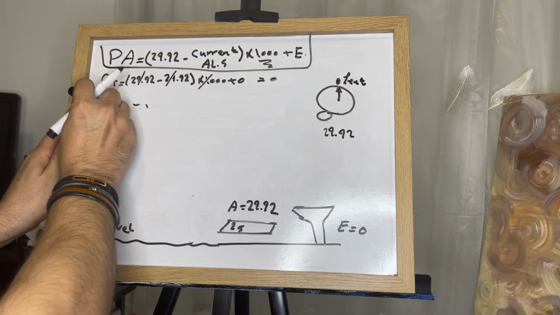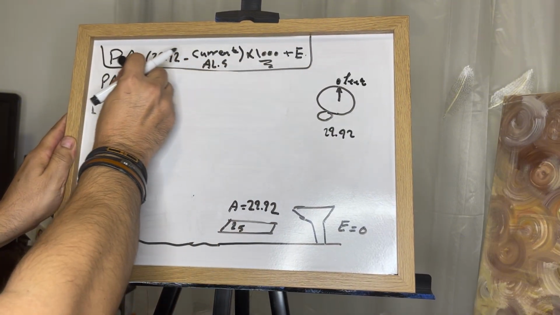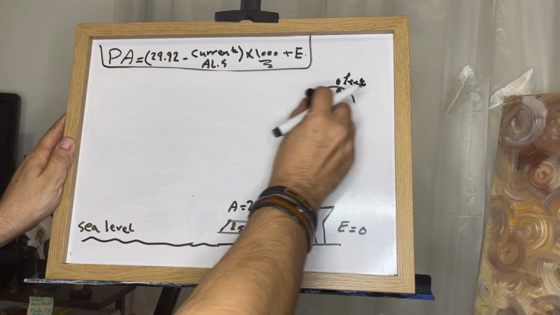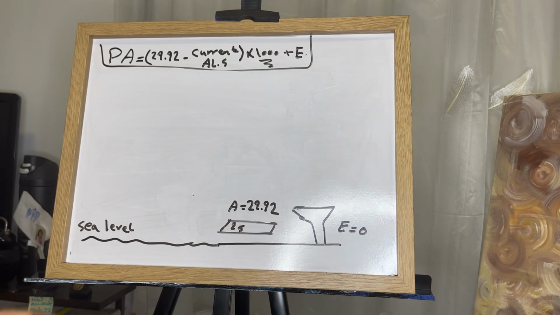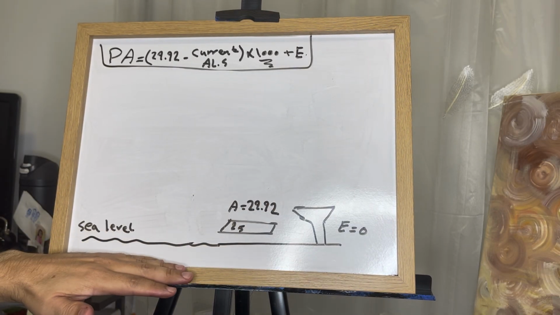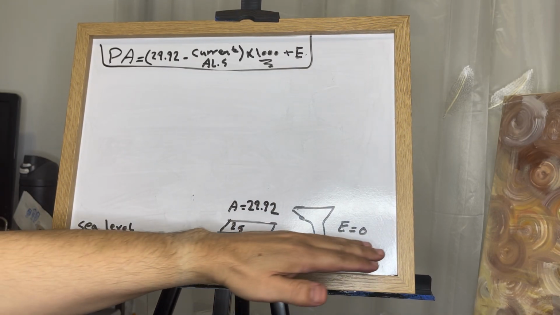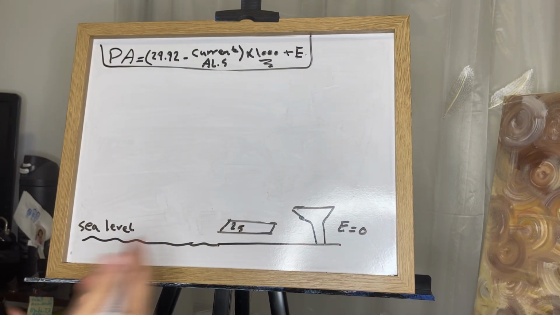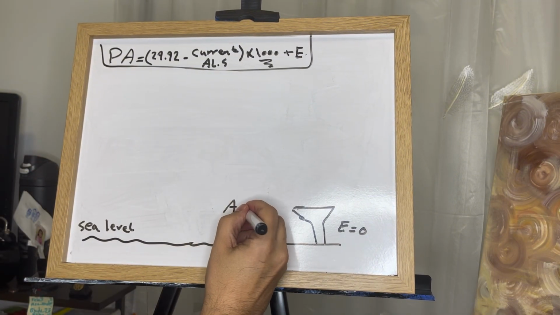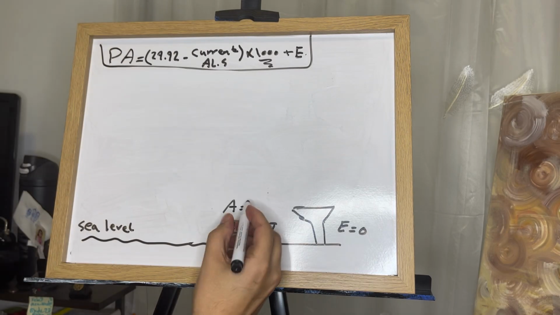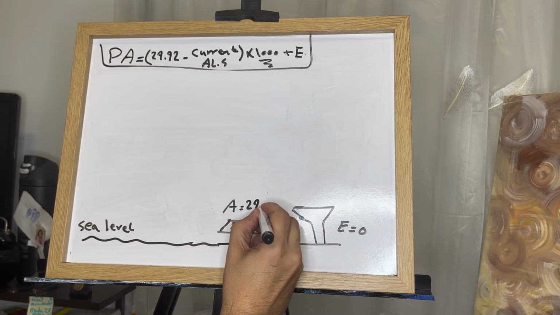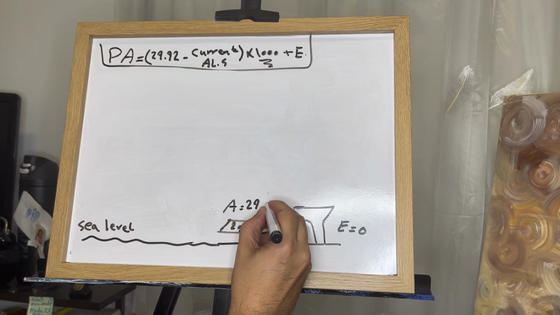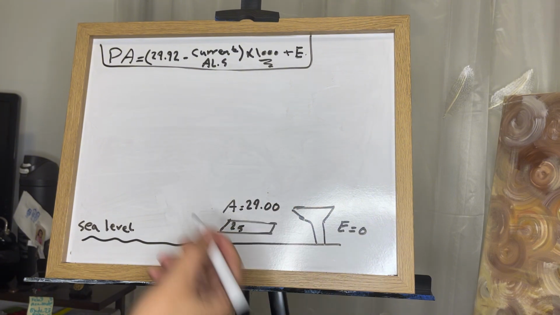Let's do another example. The station is at sea level, elevation equals 0, and the local pressure at this station is, for example, 29.00. What's the pressure altitude?